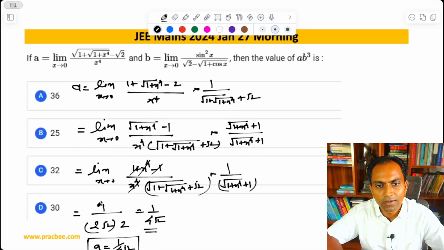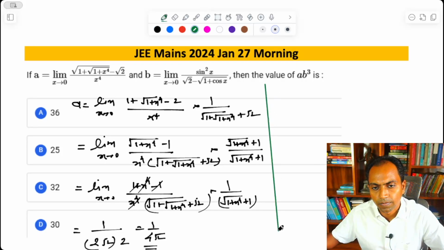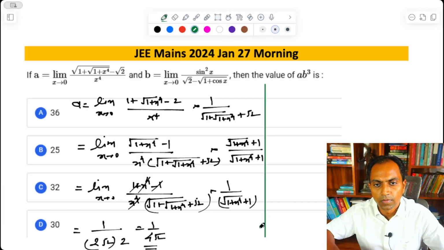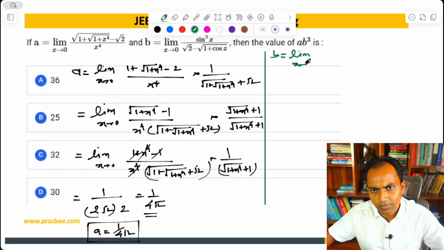In the second part, now they have given us another limit that we need to solve. Let us figure that out. So let us call that b. So for solving the b part, we'll again have to rationalize. Again I will directly rationalize without writing things, because we are doing a JEE Mains question. Lot of things we need to do orally.